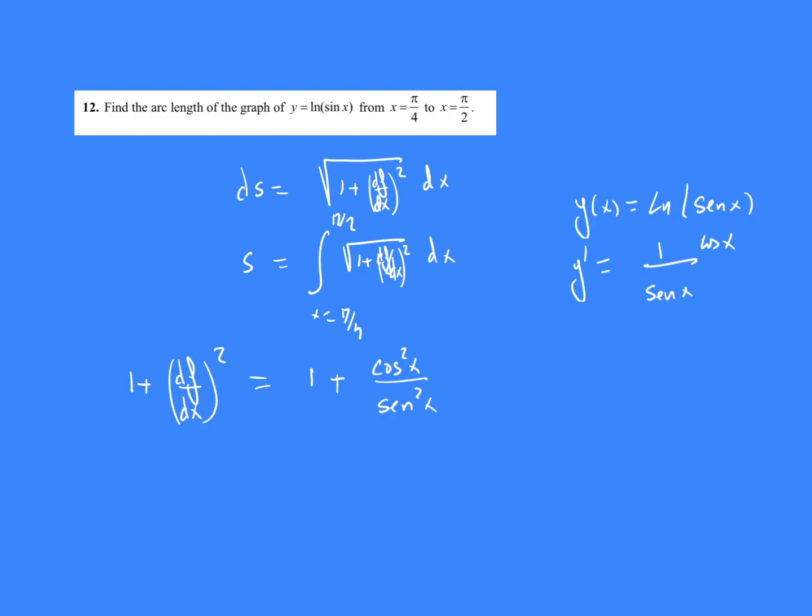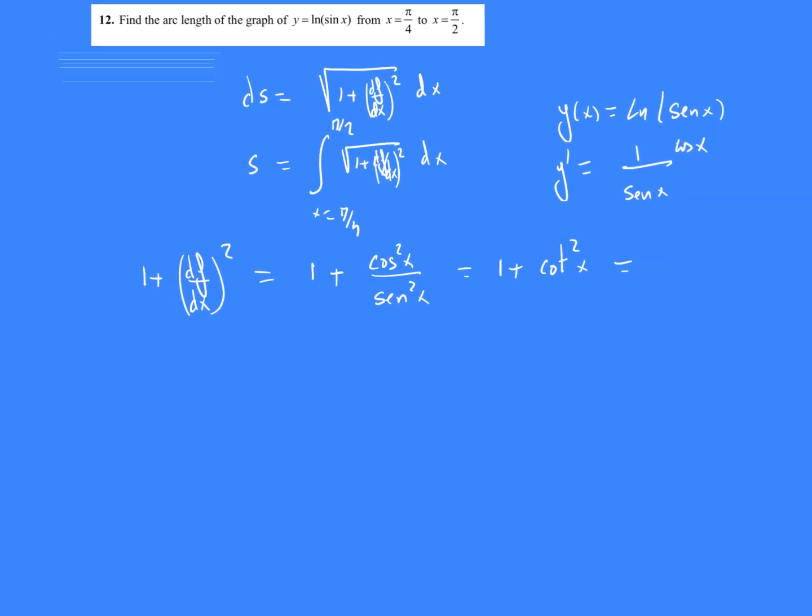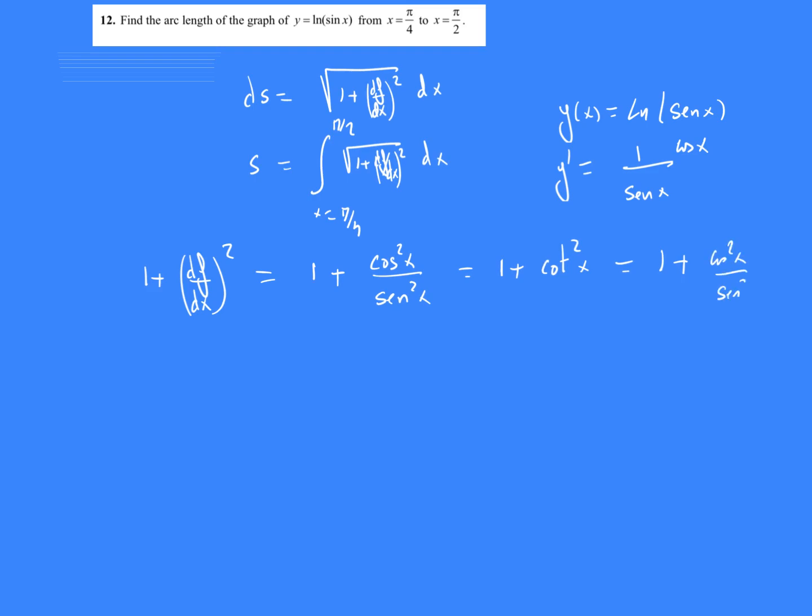But cosine divided by sine is cotangent. And 1 plus cotangent squared of x can be found by doing the operation: 1 plus cosine squared of x divided by sine squared of x is equal to sine squared of x plus cosine squared of x divided by sine squared of x.